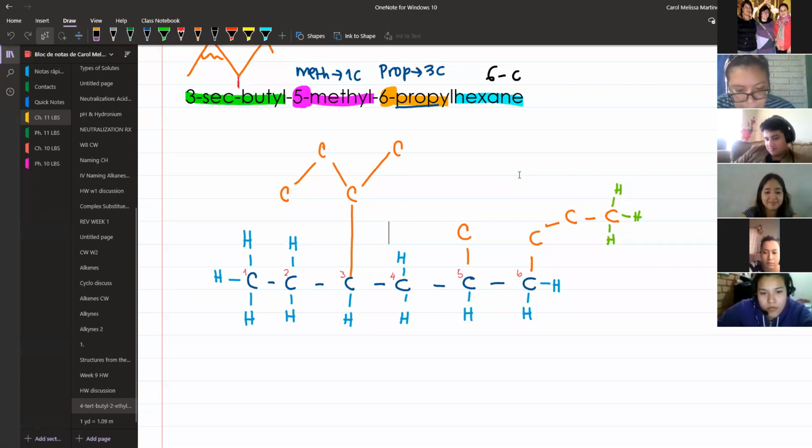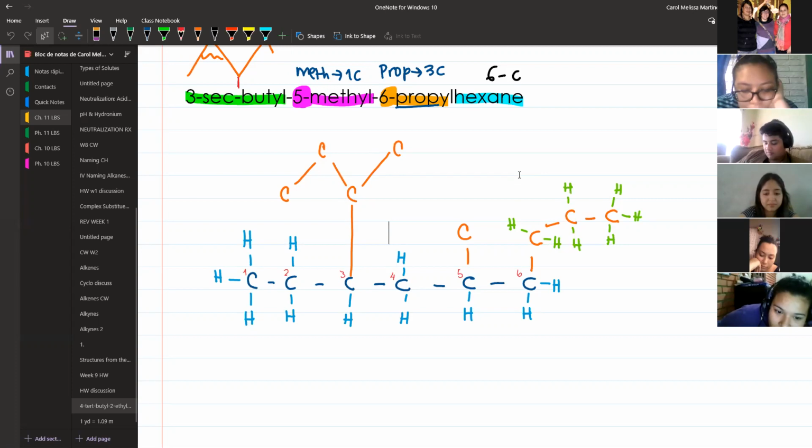Guys, this carbon here, how many bonds? 2. And the next one? Also 2. So we finish with purple, we continue with methyl.